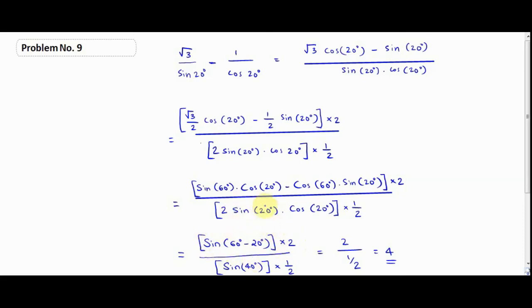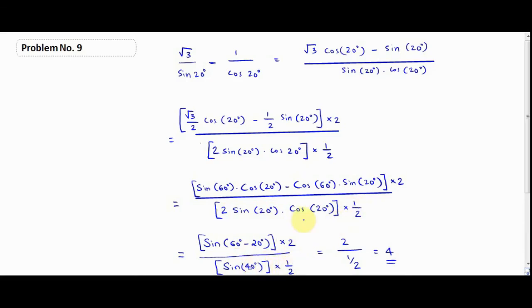And in the denominator we have 2 into sine 20 degree into cos 20 degree. This is in the form 2 into sine A into cos A, which is nothing but sine 2A. In place of A we have 20 degree here, so we may replace this expression as sine 2 into 20 degree, that is sine 40 degree. Then that into 1 by 2.